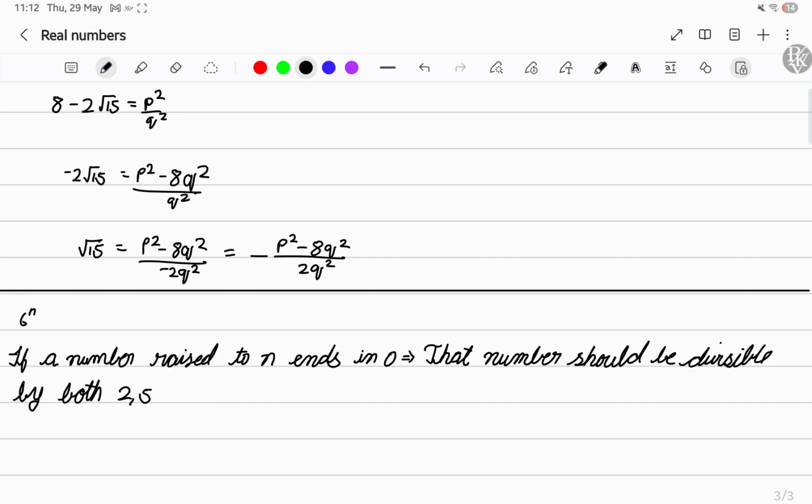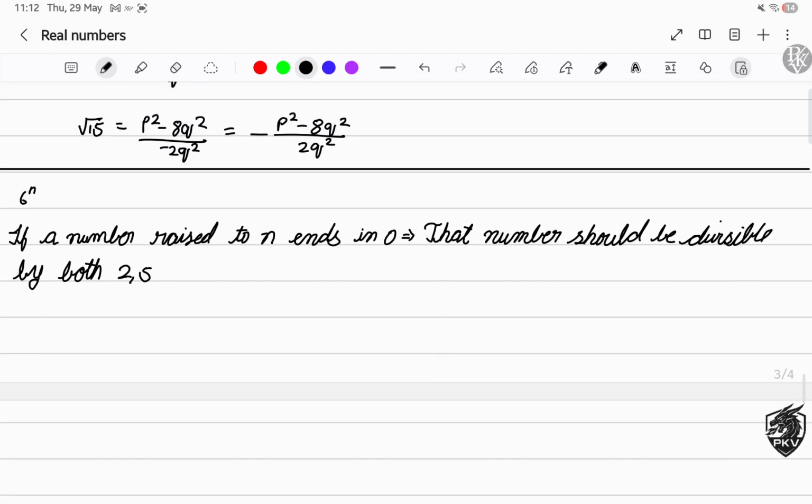So any number that can be divided by both 2 and 5, they raised to n will end in 0.